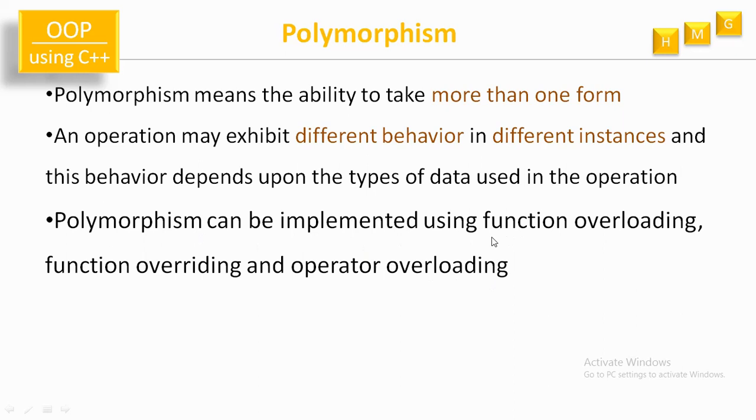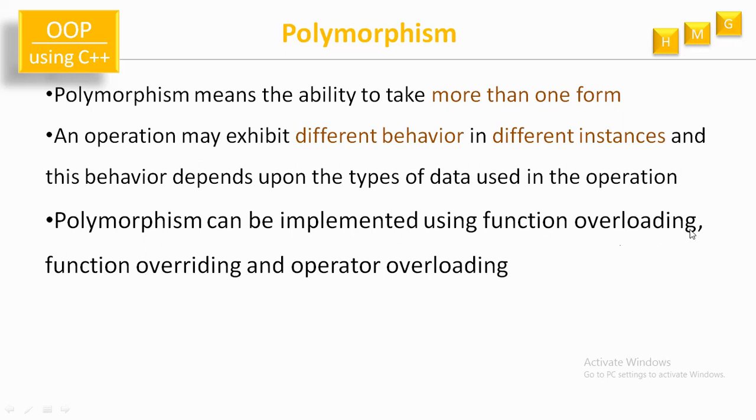In short, function overloading means one function, the same function name, will perform different types of operations. For example, area is a function, and with this area function, if I provide the radius as an argument, it will find the area of a circle. If I provide length and breadth as data or arguments to the function, it will find the area of a rectangle.